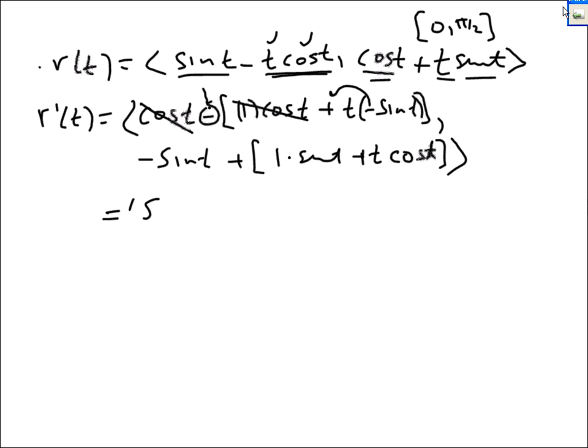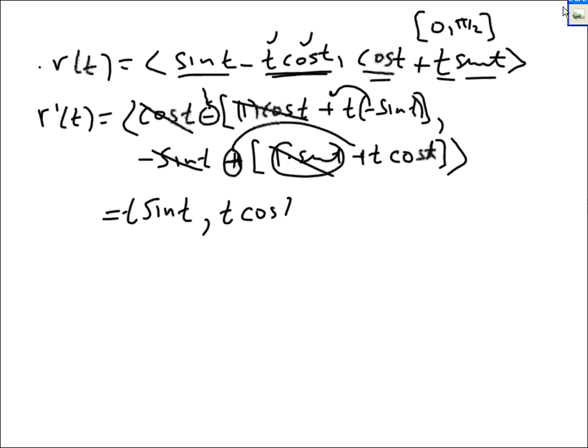So we get positive t sine of t. This is sine of t. Negative sine t plus sine t is 0. And now we have to add on positive t cosine t. So that is the derivative.